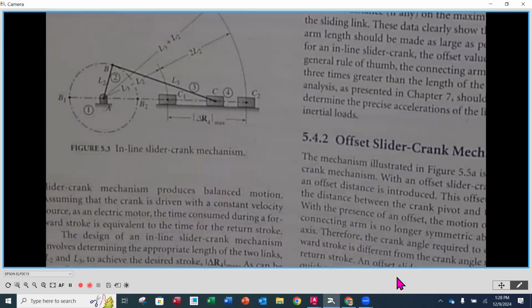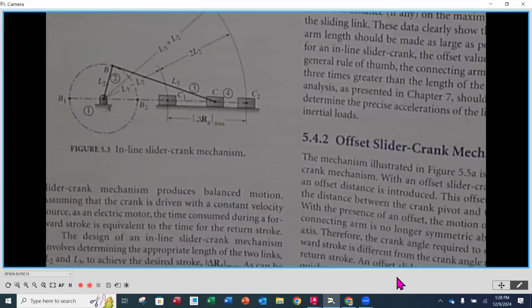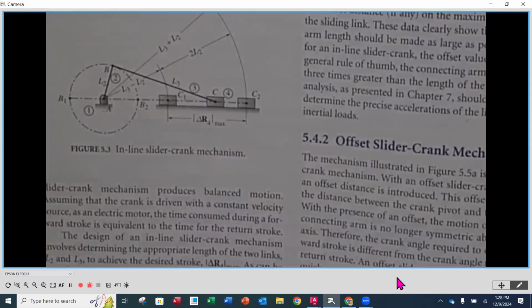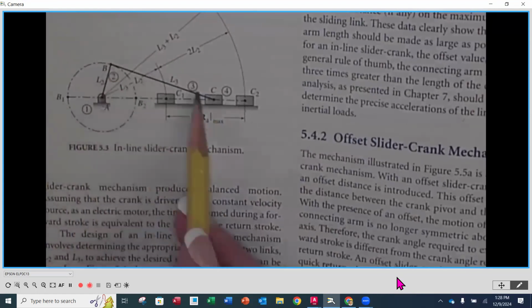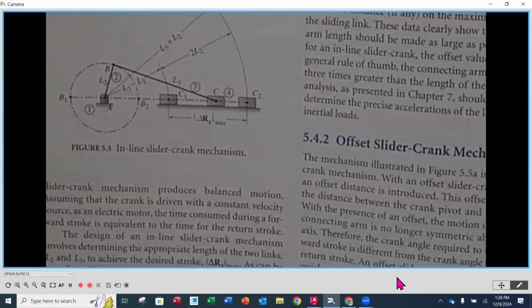They don't have D identified here because it's not referenced in anything, but D would be the connection between that horizontal plane, which is the frame, and the slider that is constrained to be in contact with it, so it stays in a horizontal manner. So the joint letters and link numbers are consistent with what we've used up until this point for 4-bar mechanisms.